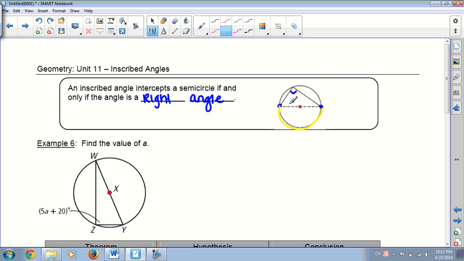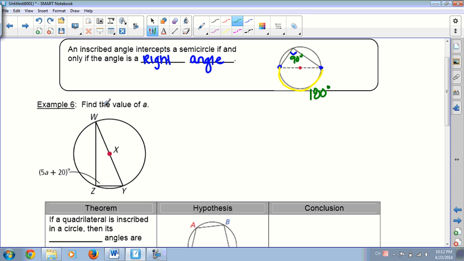Well, we know that if we have an inscribed angle, its intercepted arc is double what the inscribed angle is, or the angle is half of what the intercepted arc is. And notice that this intercepted arc is a half circle because of the diameter that cuts right here. So this half circle has to be 180 degrees, and the inscribed angle is half of that, which is 90 degrees.